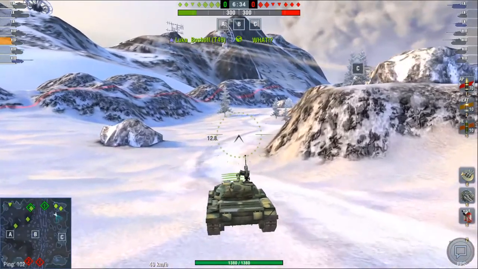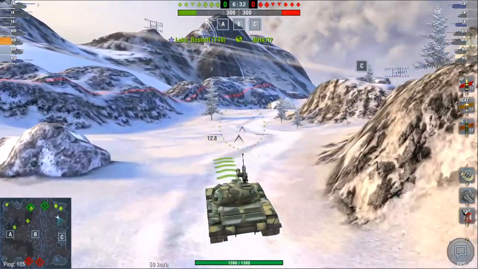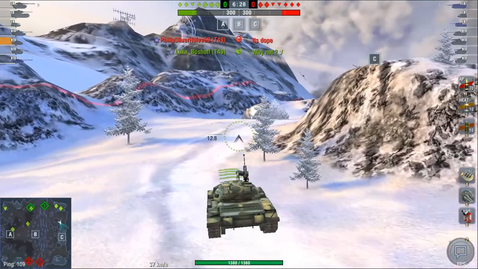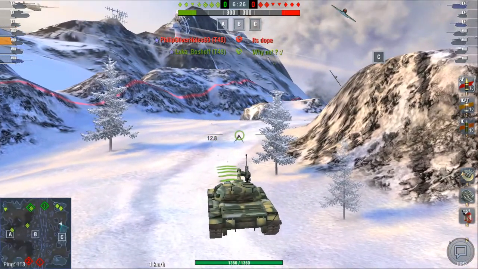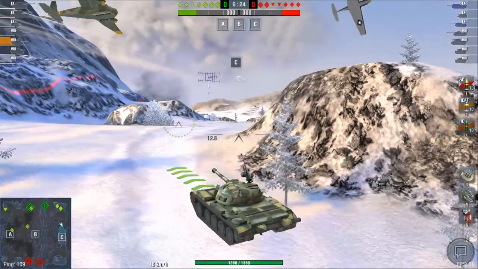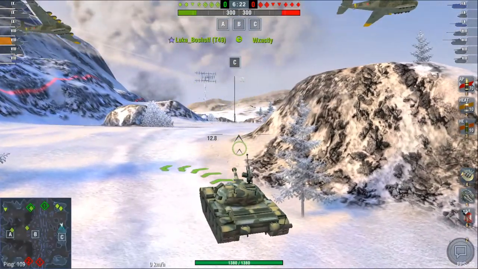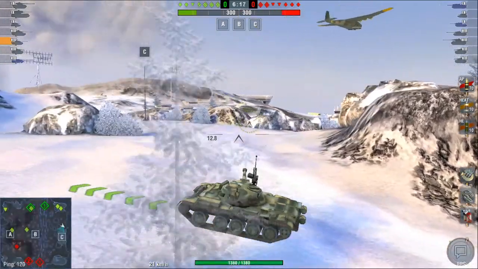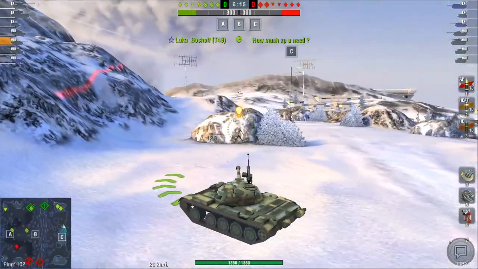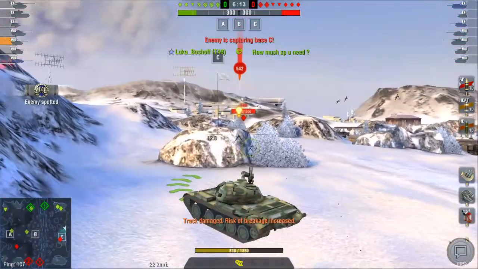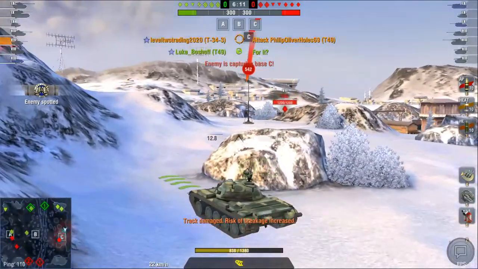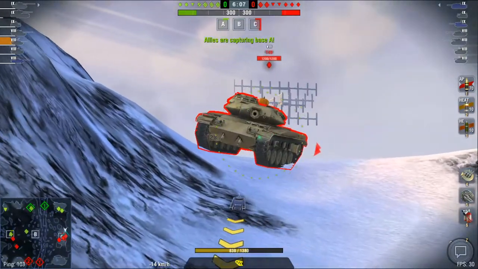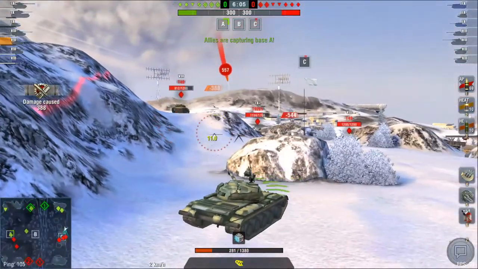Nothing that bad. One of our trucks was hit. Enemy armor is damaged.